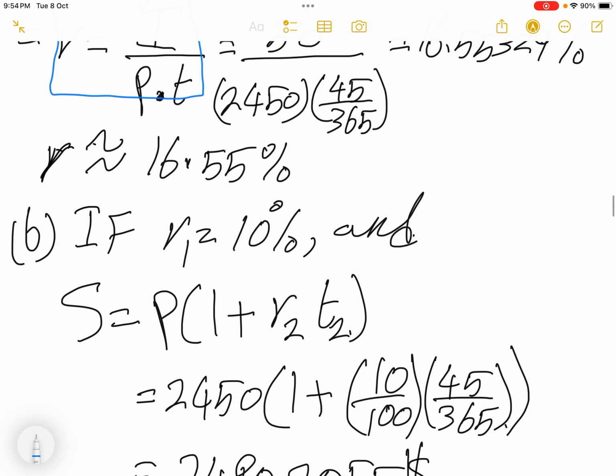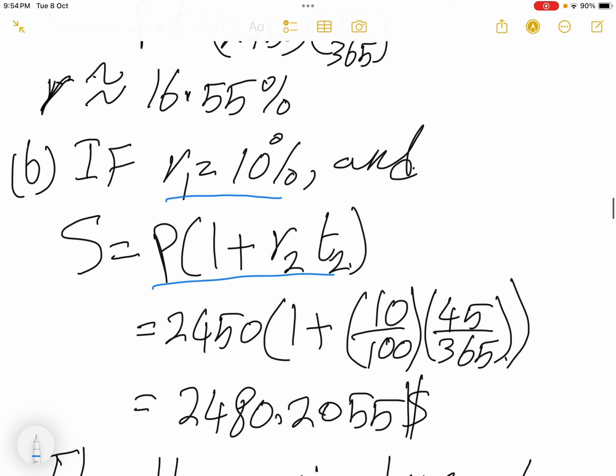Then if R equal 10% and S equal this, S equal B multiplied by 1 plus RT. B 2,450 multiplied by 1 plus 10 over 100 multiplied by 45 over 365.